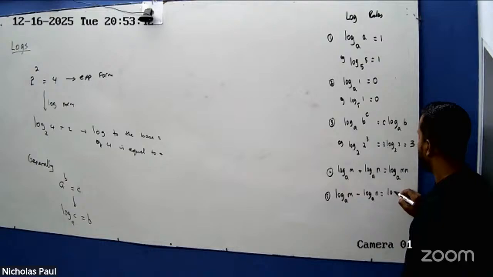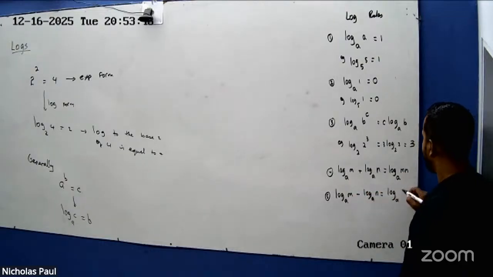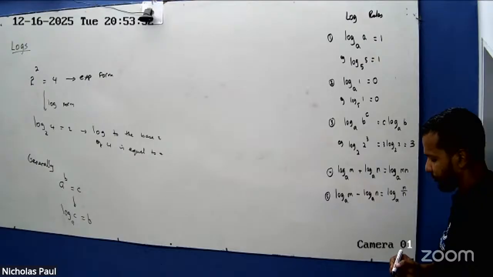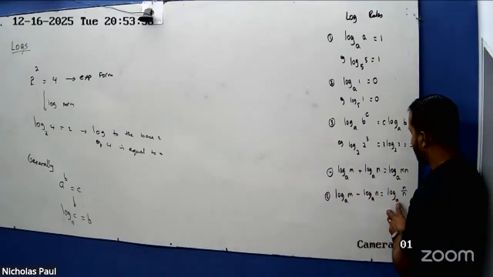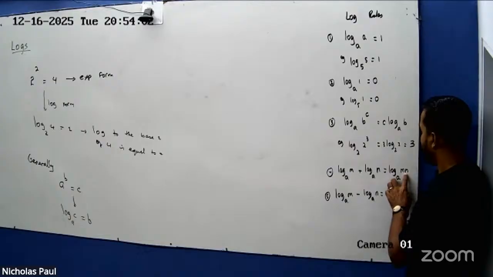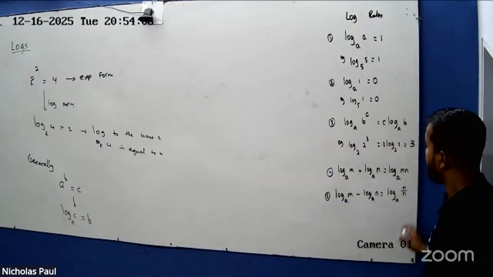Instead of multiply, we are simply going to divide. Right? So log to the same base, minus sign, we divide. Log to the same base, addition sign, we multiply. All right? So these are the 5 rules.